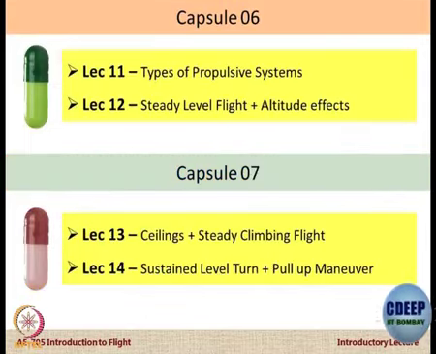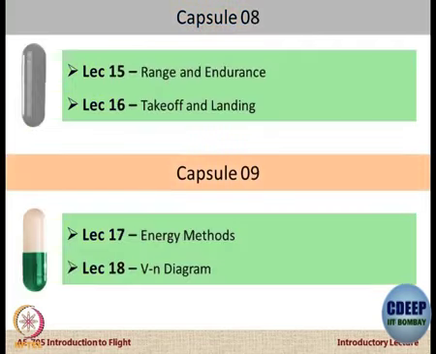After midsem, we go to capsule 6, where we have a quick look at the types of propulsive systems, because after this we will look at the effect of engine on various flight performance characteristics. We look at steady flight, then we go to capsule 7, we look at ceilings, climbing, turns, pull-ups, and then the 2 most important things for a transport aircraft, range and endurance, and for any aircraft, takeoff and landing.